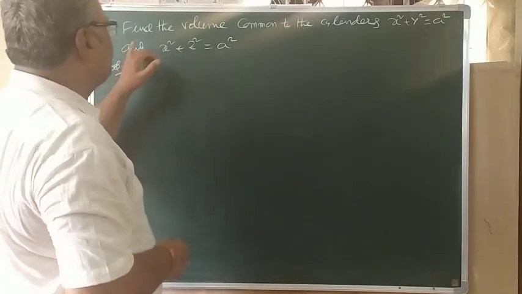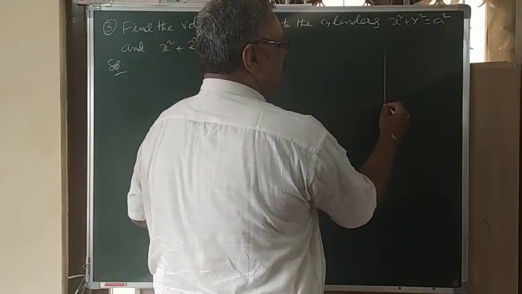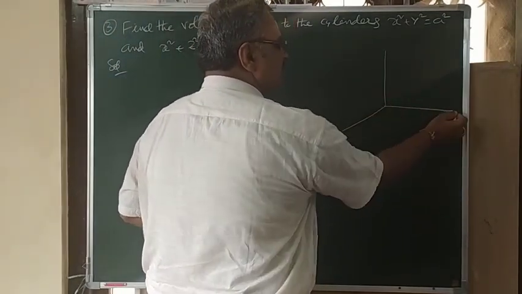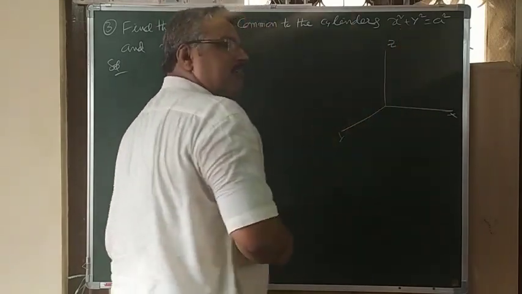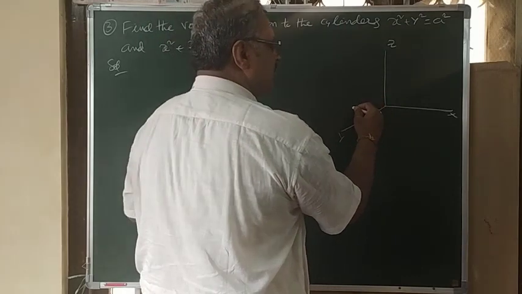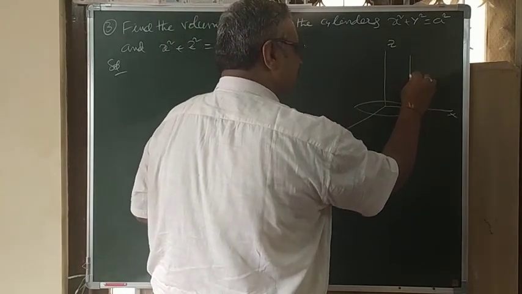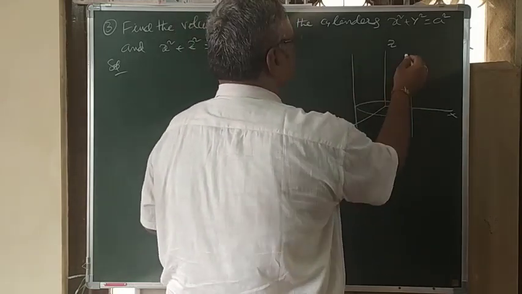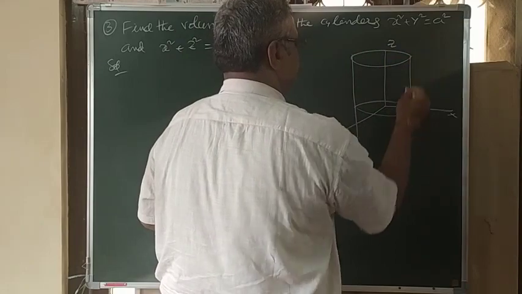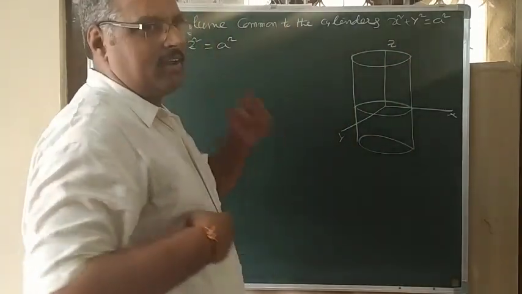What is the region? Find the volume common to the cylinders. So this is the x-axis, y-axis, z-axis. x square plus y square equals a square represents a circle in the xy plane, but z is not given. Now extend the z values. Now this is the cylinder.